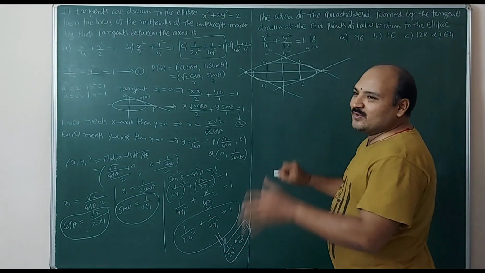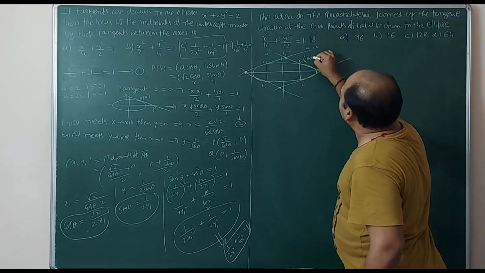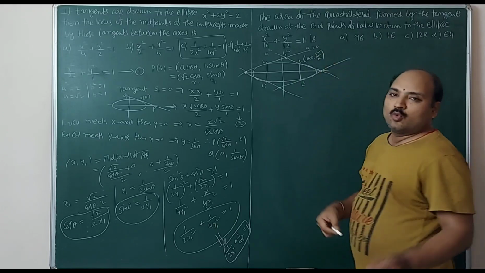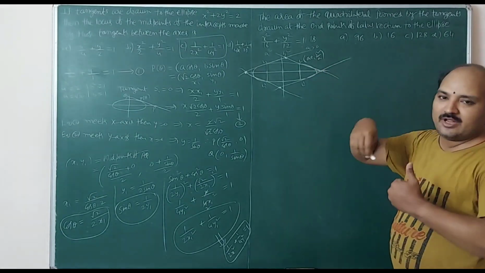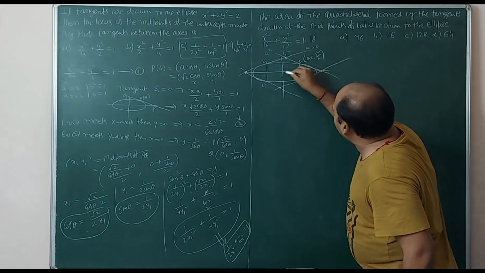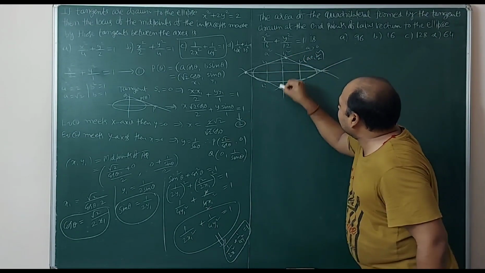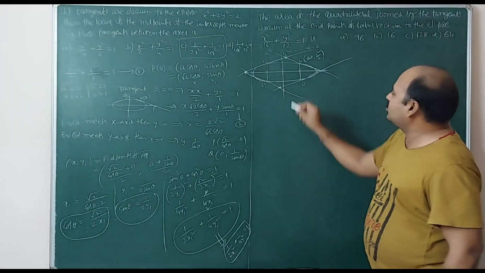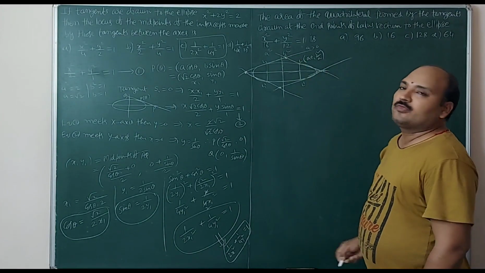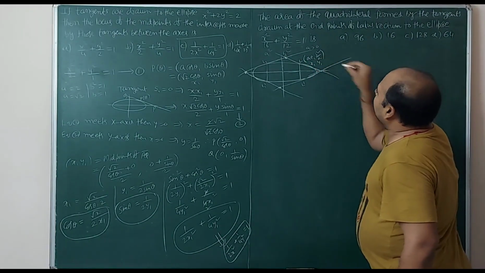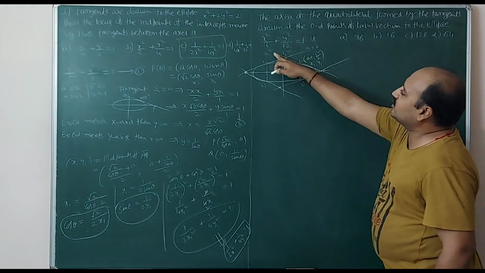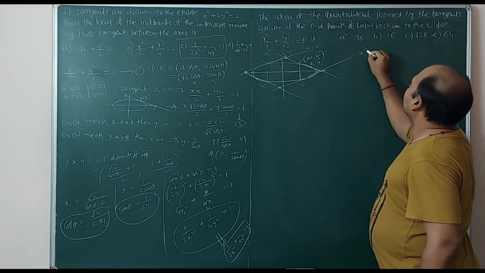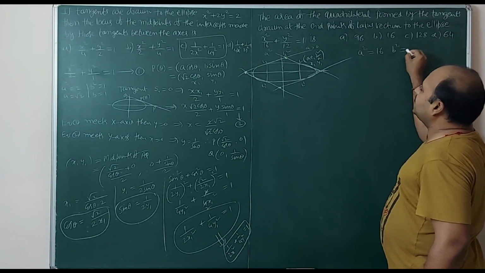So first I will calculate the tangent equation at the point (ae, b square by a). I am taking one positive end of the latus rectum, because after that, all these areas are the same. So we can take one, (x1, y1). First I am calculating: a square is equal to 16, b square is equal to 12.